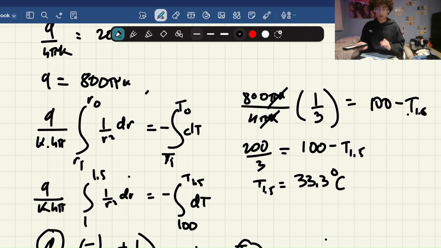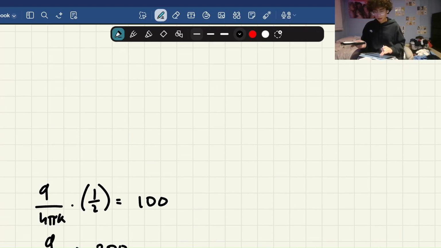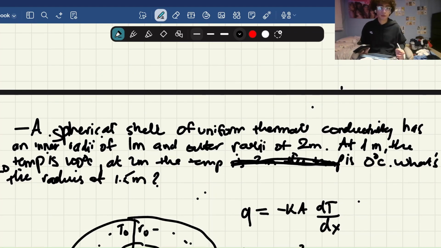That's why we cancel out pi and k in the first place. But yeah, this is how we do this heat transfer problem. Thank you so much for listening.